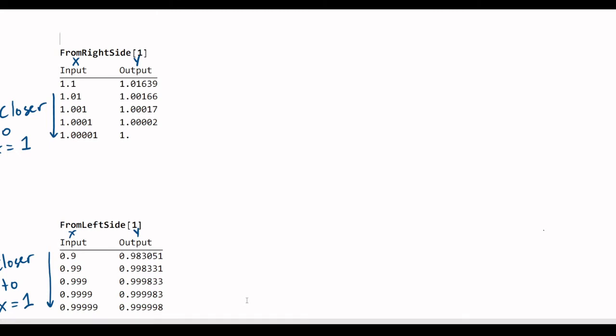So I'm going to write this out in terms of some terminology. Okay, so the terminology for this, the way we can write this, these sides we're talking about, right? I keep saying right, left side. There should be some math terminology here, and there is. So this from the right side, we'd write this way. The limit as x approaches 1, and then do a little color coding here.